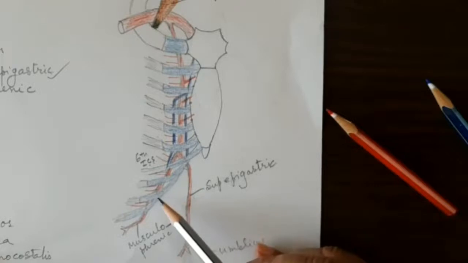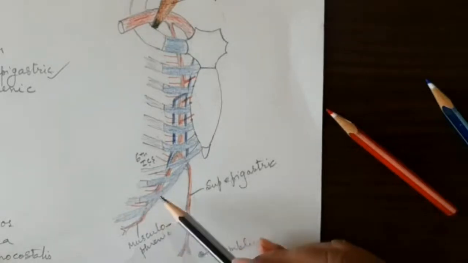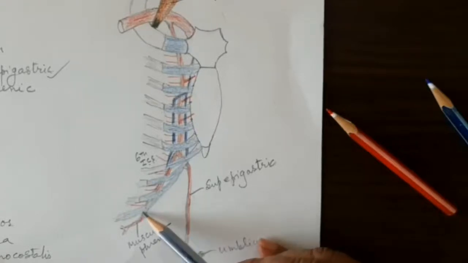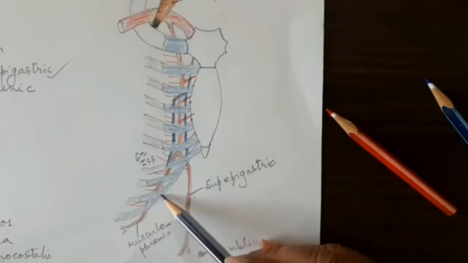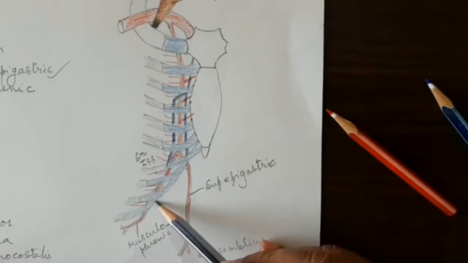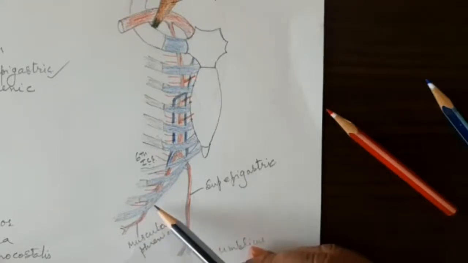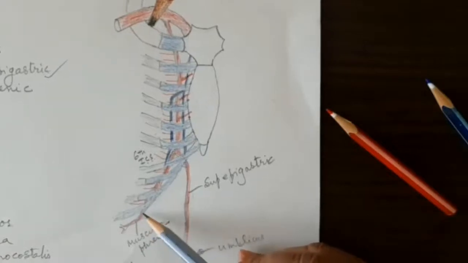Then it will perforate the diaphragm near the 9th costal cartilage. When it is not going up to the 10th, then it will perforate the diaphragm near the 9th costal cartilage, and then it will terminate on the undersurface of the diaphragm by anastomosis with the neighboring arteries.